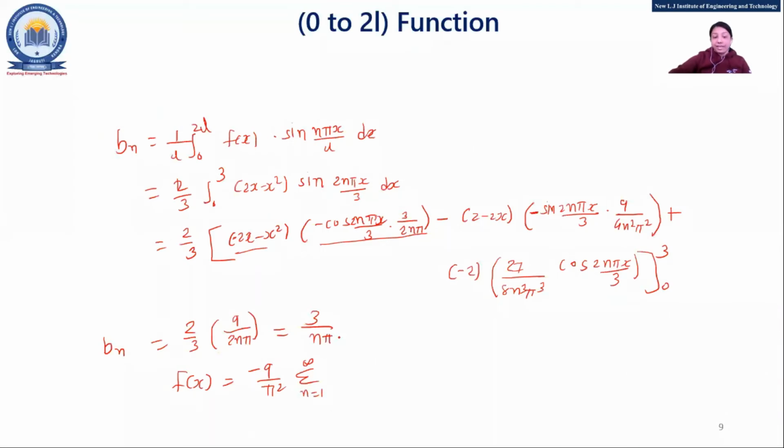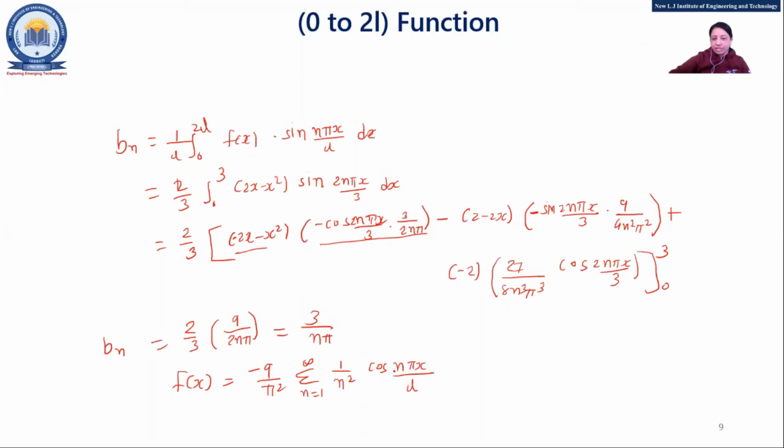Now this n I will consider inside. Why? Because when you place the value of n, it is supposed to vary. So that term I'll write down here, and whatever constant I'll write before the sigma. And here you know that is cos n pi x by L, right? And L is what? 3 by 2, sorry, 2 by 3.